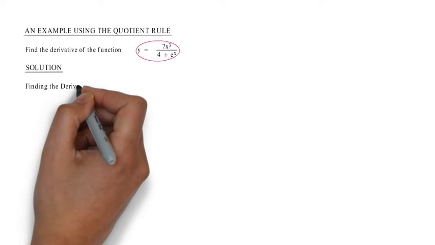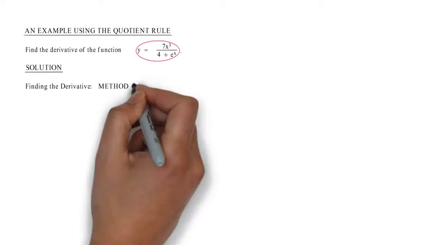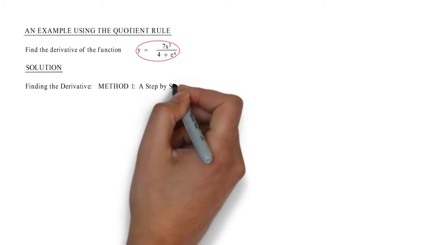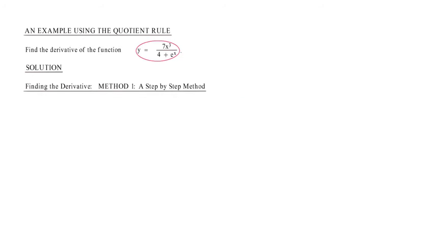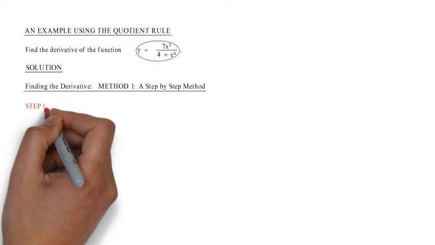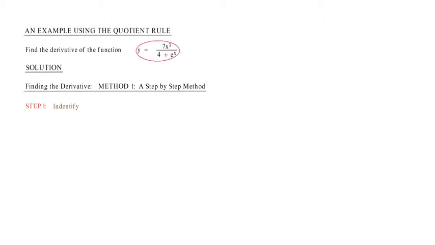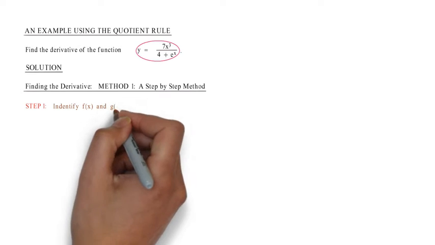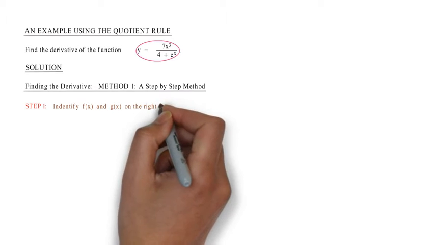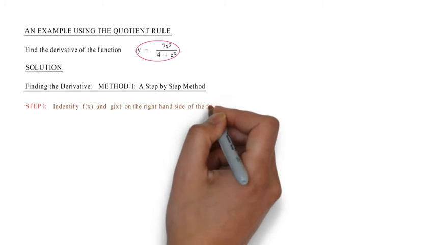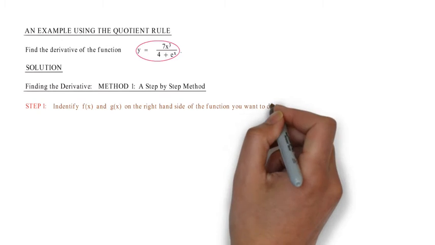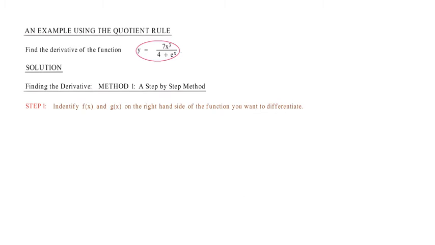Finding the derivative. Method 1, a step-by-step method. Step 1. Identify f(x) and g(x) on the right-hand side of the function you want to differentiate.